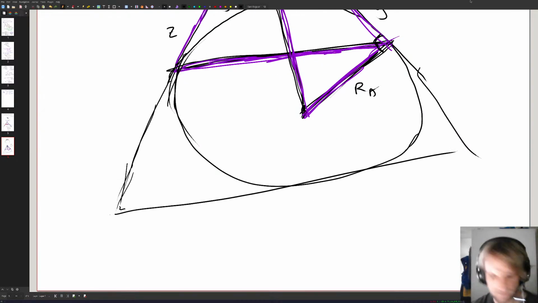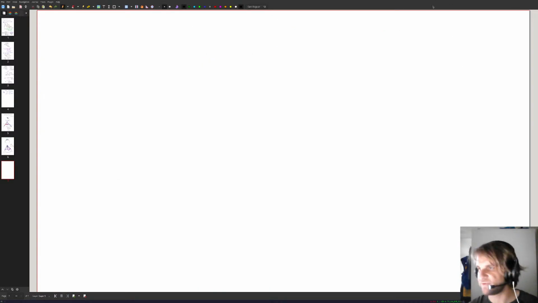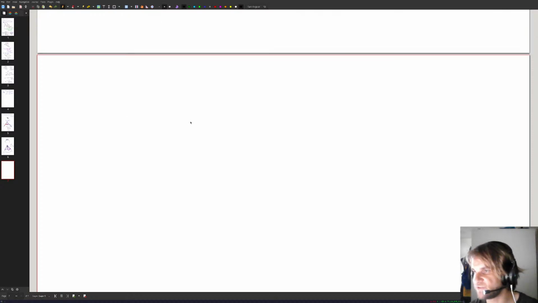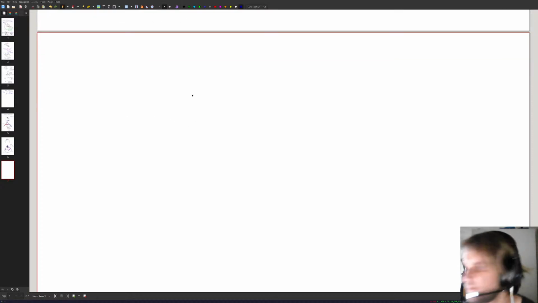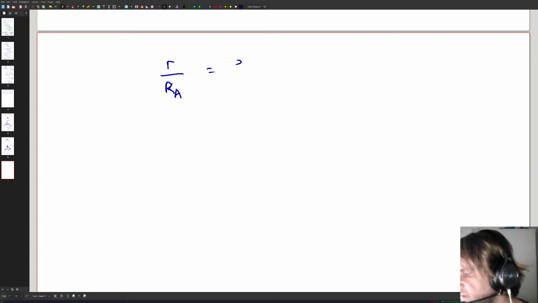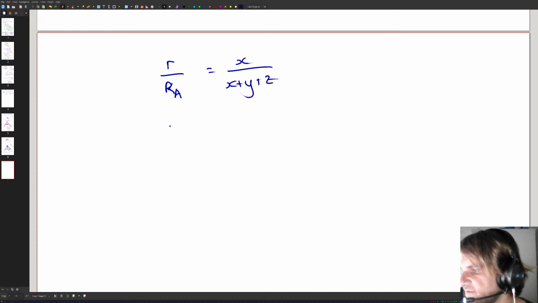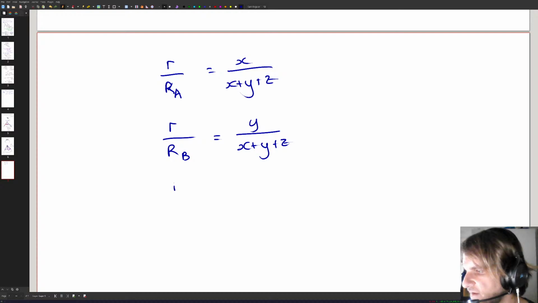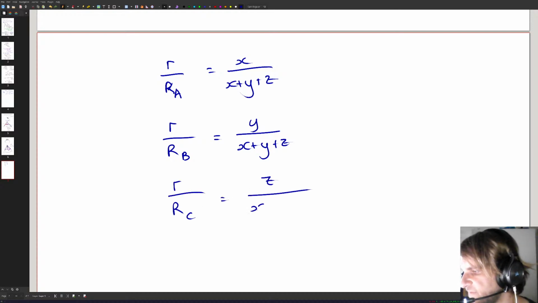Okay, so let's gather everything that we know then. And after this, I'm going to have to stop because I actually have to do something now. But we get that R over RA is equal to x over x plus y plus z. And from the same consideration, R over RB is y over x plus y plus z, and R over RC is equal to z over x plus y plus z.